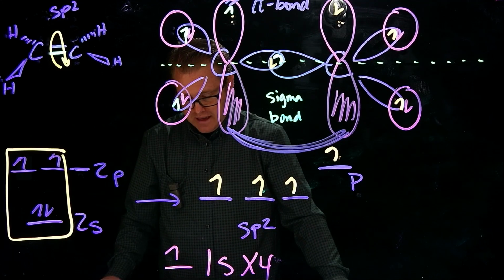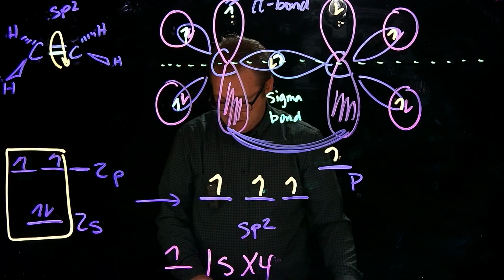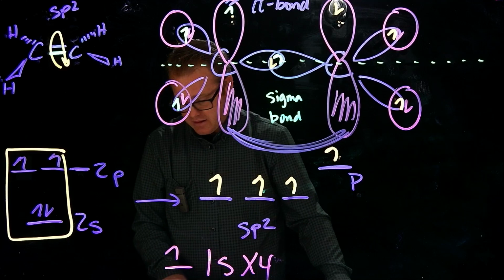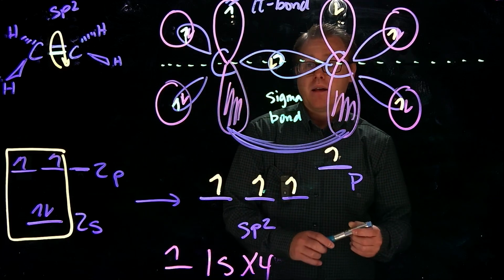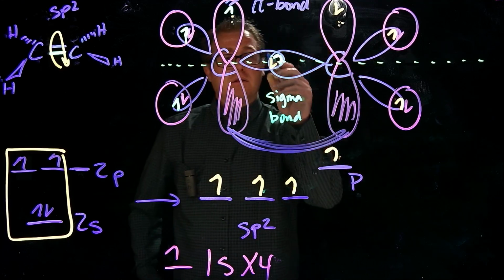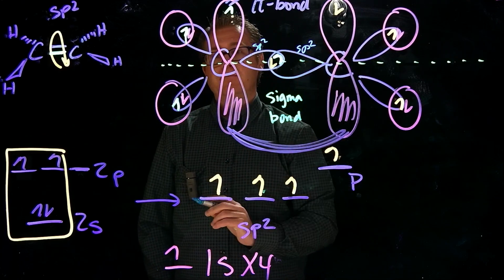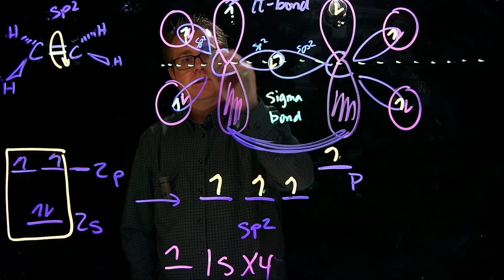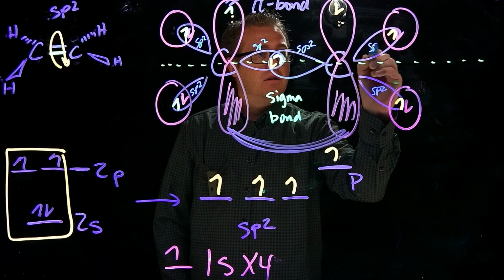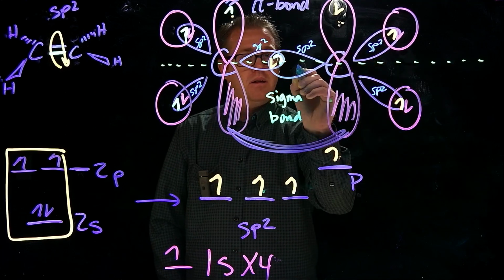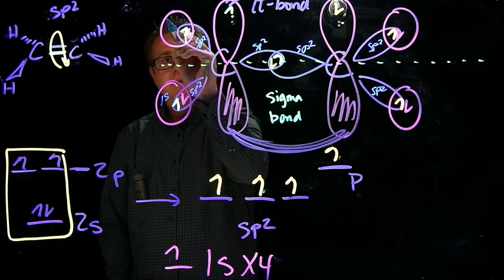So let's take a look at, so if we label everything here, okay, what's going on? Let's do a quick labeling here. So these orbitals are sp2, sp2, sp2, sp2. And, okay. And then those are 1s's.